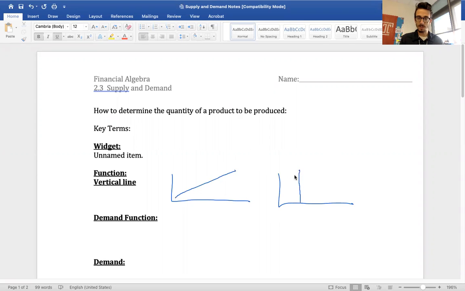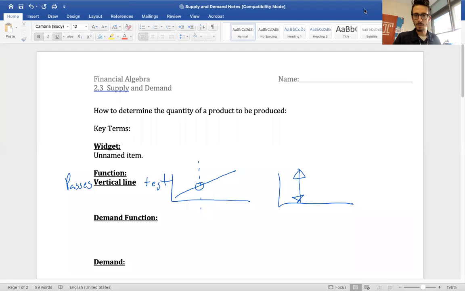This is not considered a function because this could have a vertical line drop through it just one time only. This would drop through infinitely many times. So it's a function if it passes the vertical line test. We'll soon see that when we graph out these supply and demand functions, they look a little different, but we hope that they're a function.